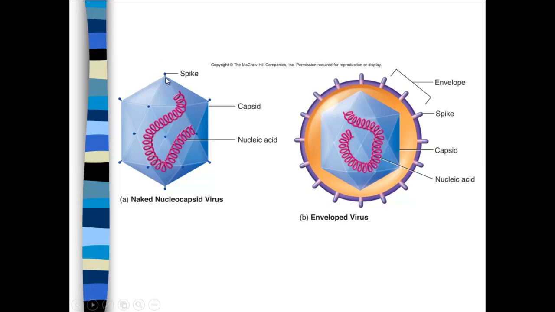At the apex of every one of these capsid portions, you find a spike, and these spikes are glycoproteins. They contain sugar and protein, and they're highly specific for attachment to the host cell. You find spikes on the envelope as well in enveloped viruses, and the capsid does not have any spikes.